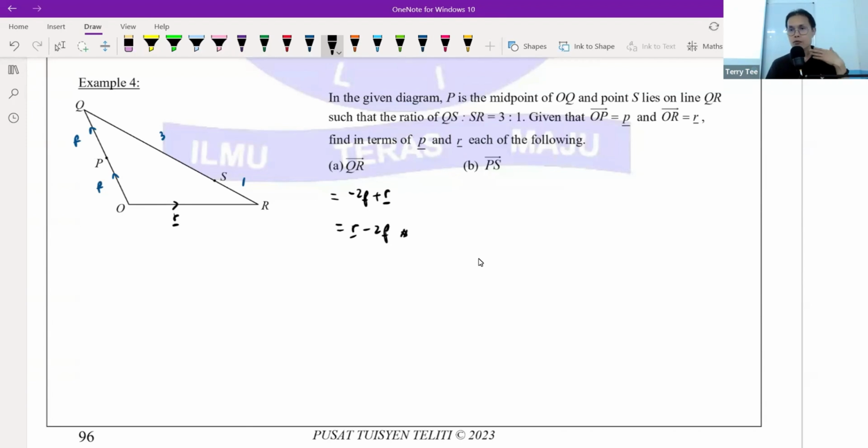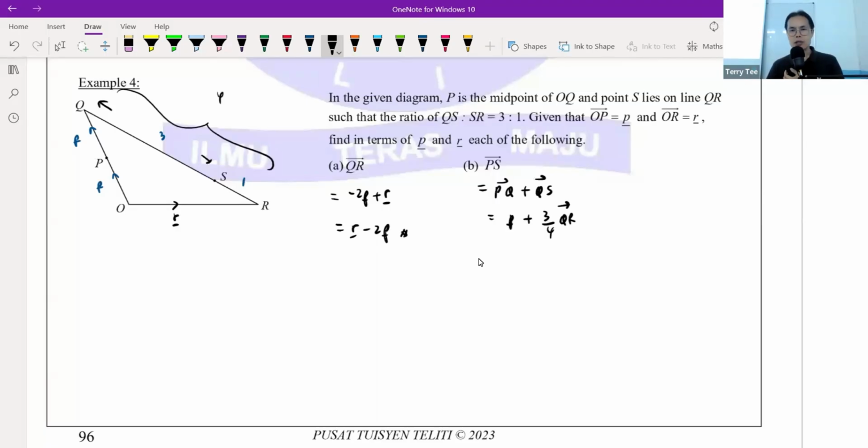Okay, second one. If I want to go from P to S, right, I have to go P to Q, Q to S. Yeah, P to Q, Q to S. So PQ plus QS. PQ is just P, but QS will be 3/4. This part here is shorter, is 3. The whole thing is 4, so it's 3/4 of QR.